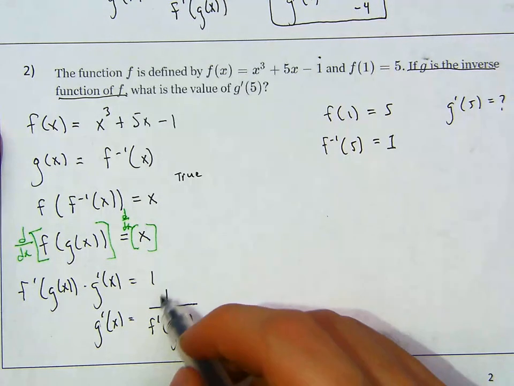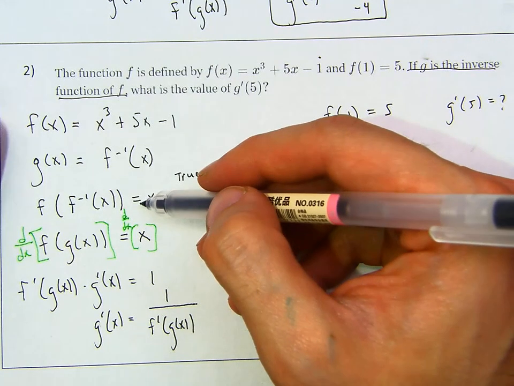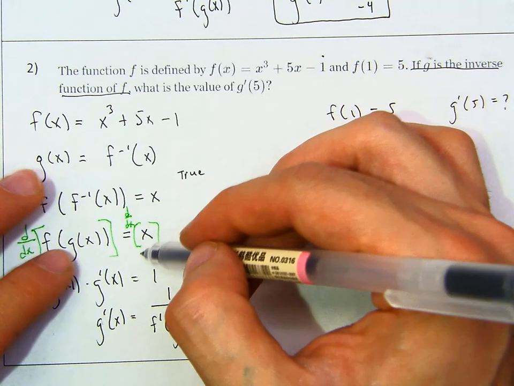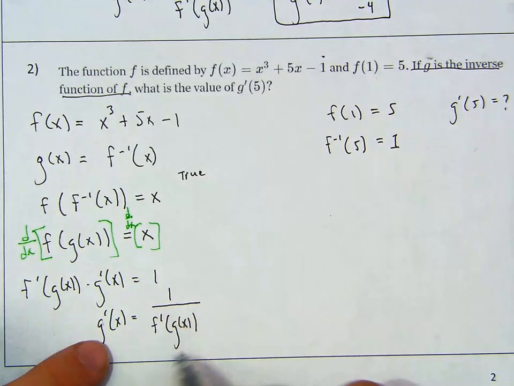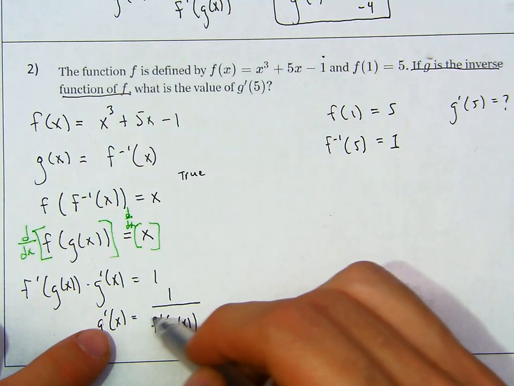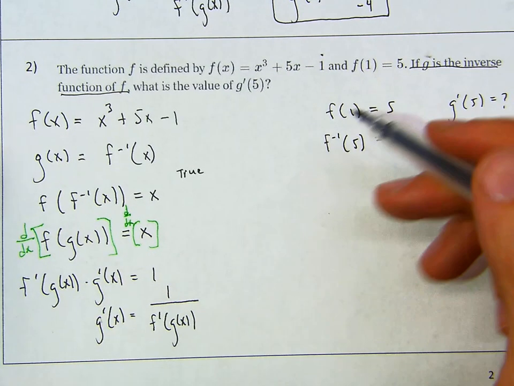Don't skip this step, because there's a difference between understanding and memorizing. If you know how to derive this yourself, you'll never have to try and remember it. You just have to take the derivative and use the chain rule.